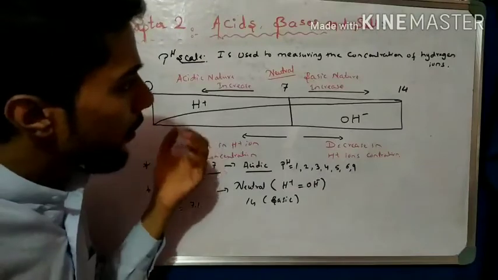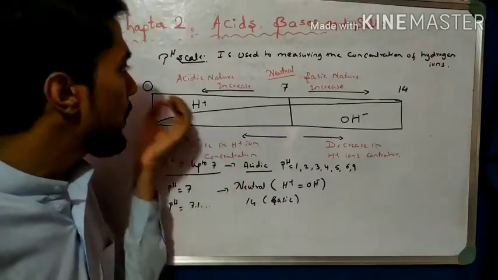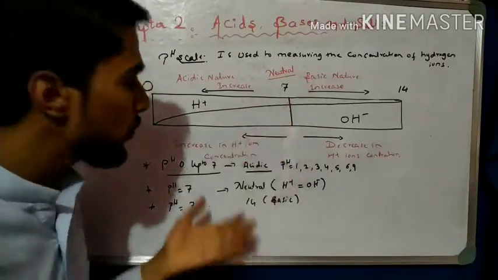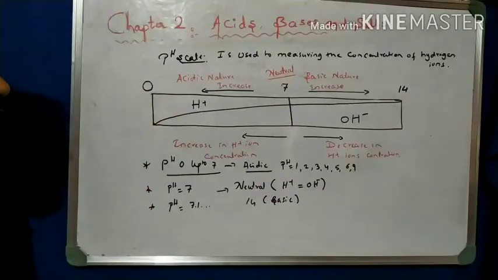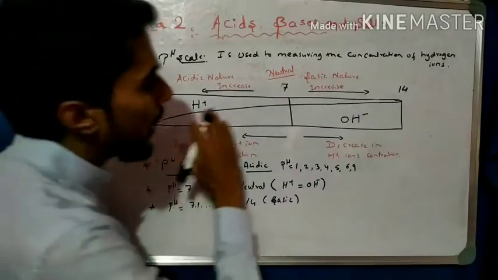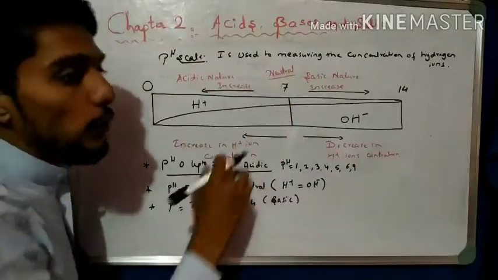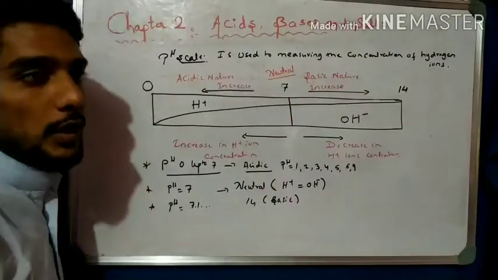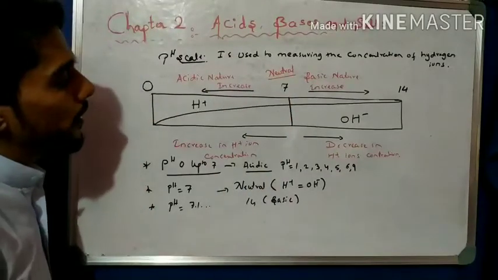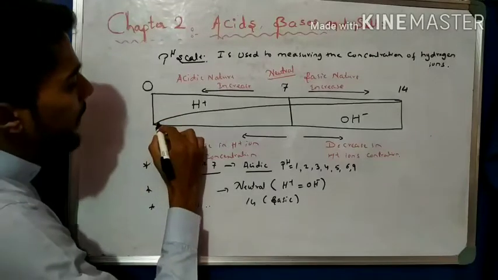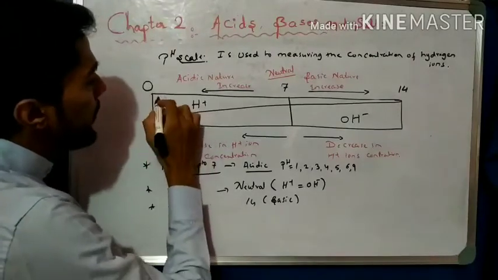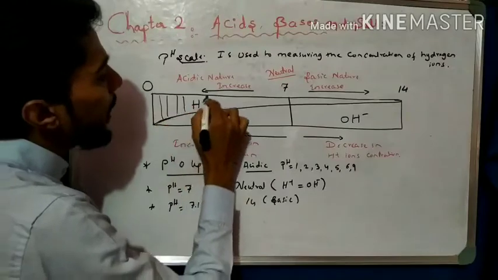So this is the first point about 0, 7 and 14. These are the sub points about the pH scale. Next, observe the diagram. In the diagram some very important information is given. Here we observe that in this scale, this area is the area of H plus ions.